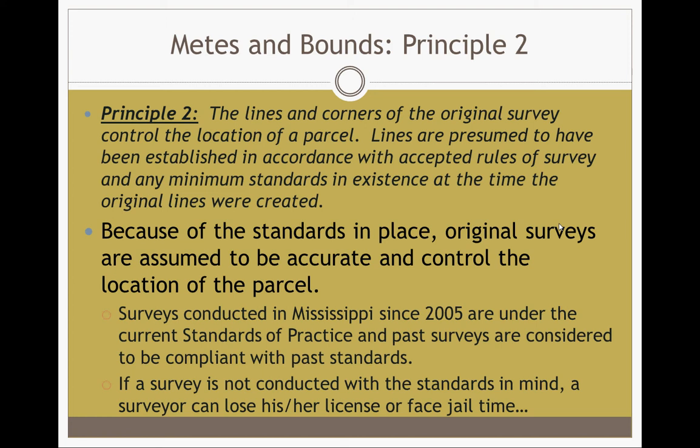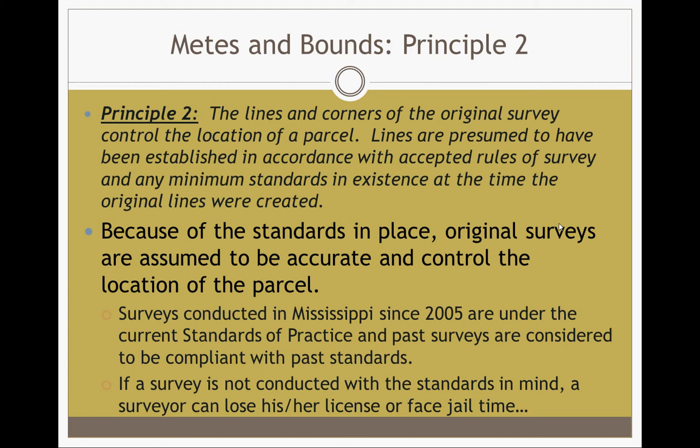And previous surveys that you're retracing, that you're following in the footsteps of, we assume them to follow under the standards of the time. So, surveys conducted in Mississippi since 2005 are considered to be under the current standards of practice, because June 2005 is when we went to this new standards of practice.